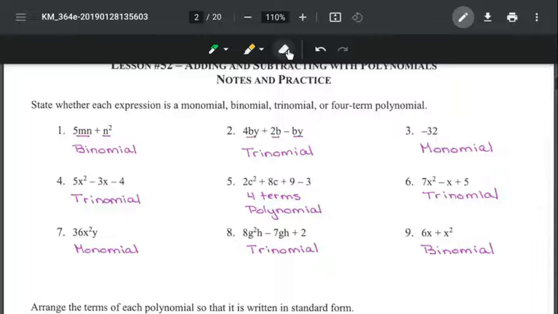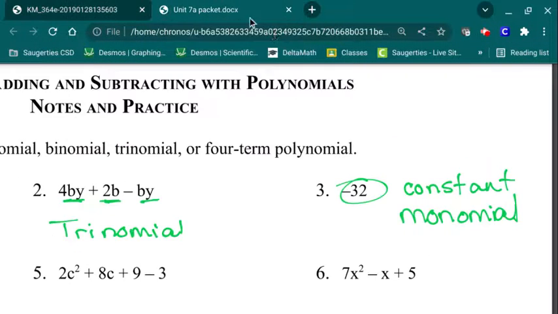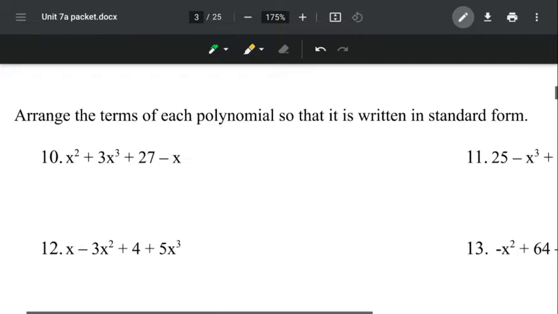Here's what I've got for the rest. Now we're going to move down to question 10. Of course, I didn't say pause the video, go through those answers. I'm just trying to save time for you if you're watching this video.